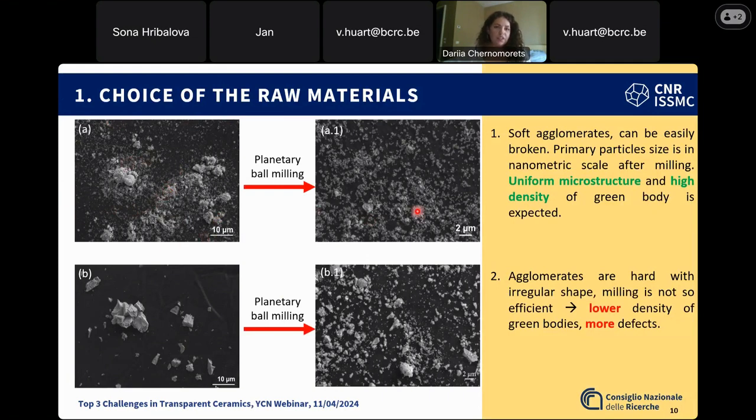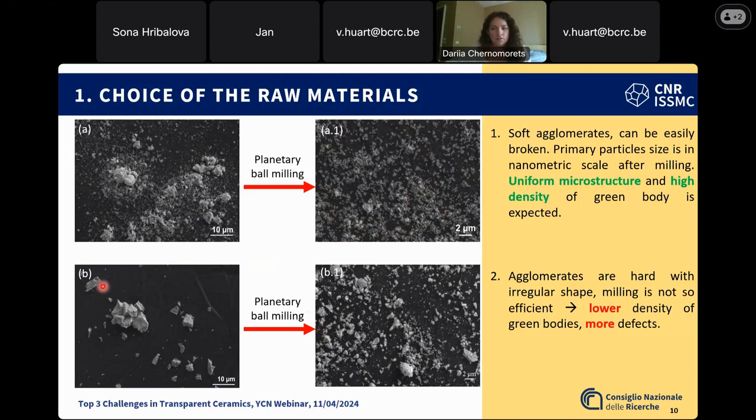Pure yttrium oxide ceramics is characterized by quite a big grain size and high porosity, and pores are located both inside grains and on grain boundaries. So in general, just increasing the temperature or sintering time will not be enough to eliminate this porosity.